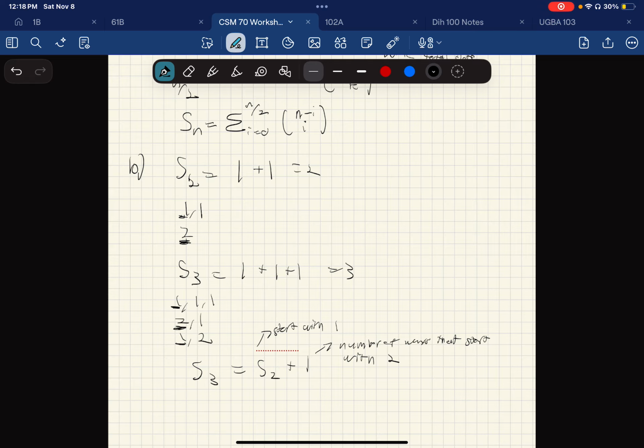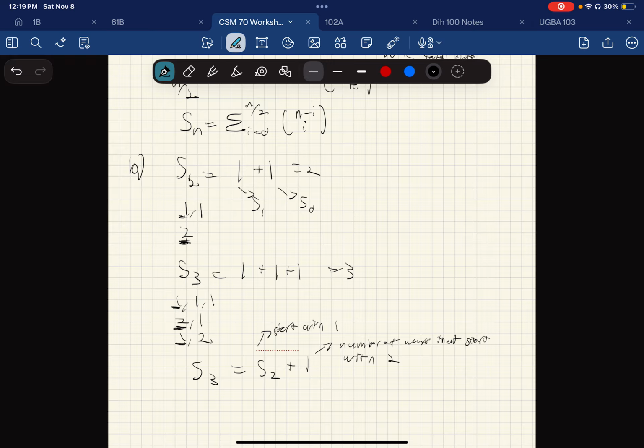And then if we go back here, we're also told that we can assume that S sub 0 is 1 and S sub 1 is 1. So we can map S sub 1 as one way that started with 1, and then S sub 0 as one way that started with 2.